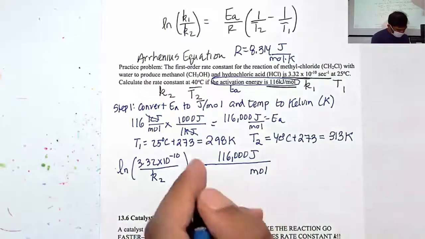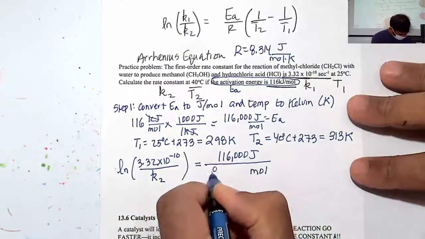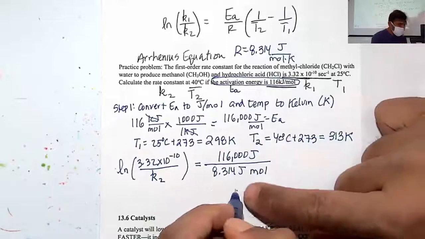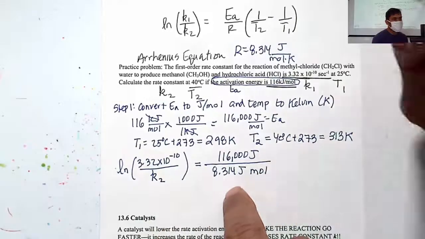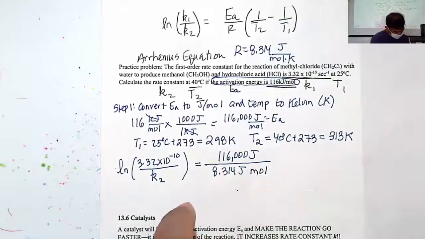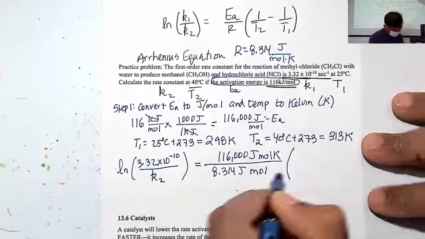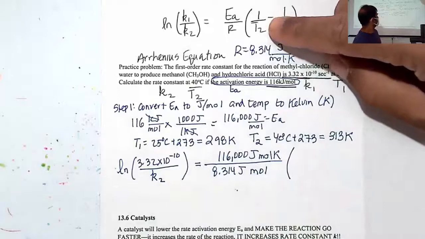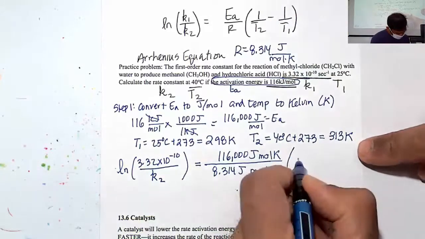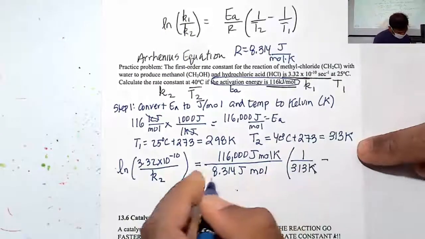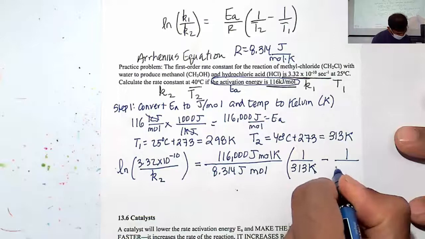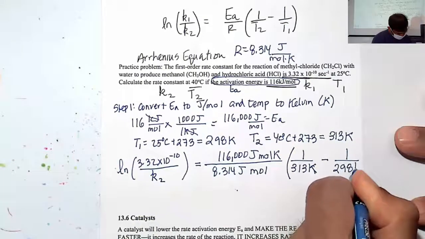R is 8.314 joules over a mole Kelvin. I'm going to move it up to the top. Joules over a mole Kelvin gets flipped up to the numerator, times 1 over T2, which is 1 over 313 Kelvin, minus 1 over T1, which is minus 1 over 298 Kelvin.